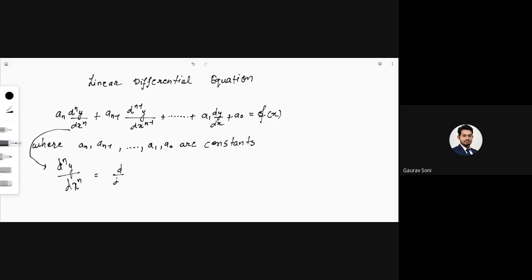So d by dx of d raised to n minus 1 y by dx raised to n minus 1, which is also equal to a derivative of d raised to n minus 2 of y upon dx raised to n minus 2.